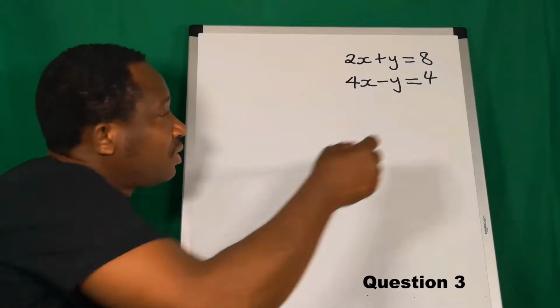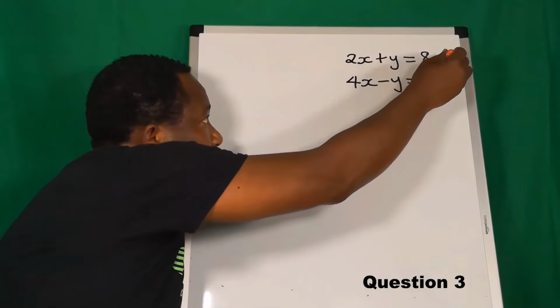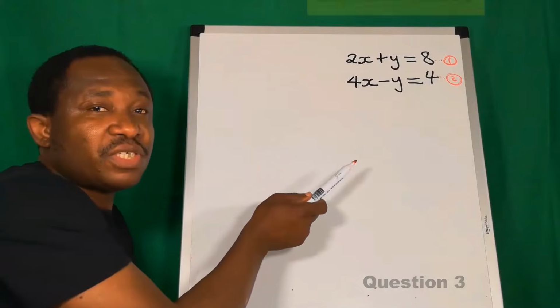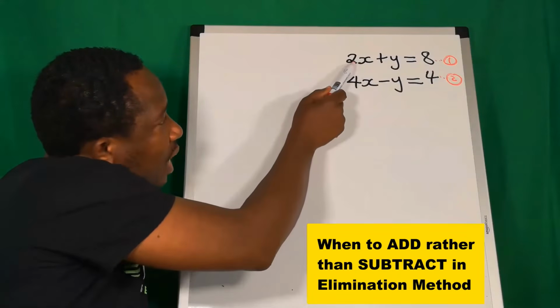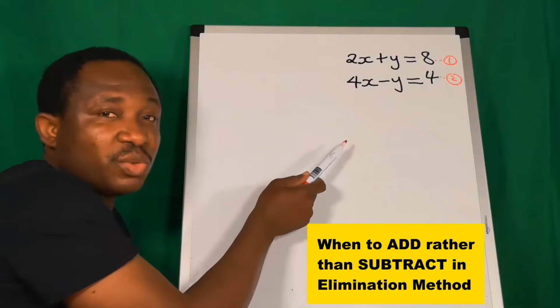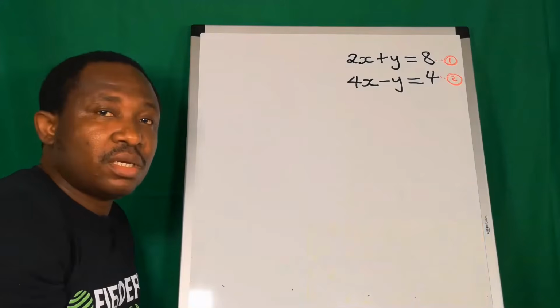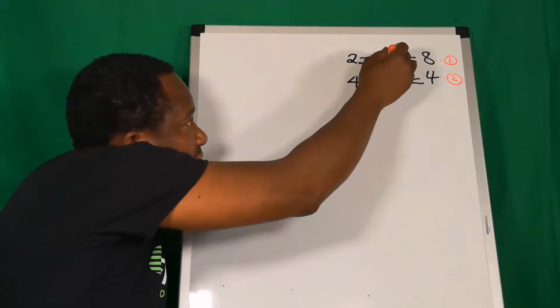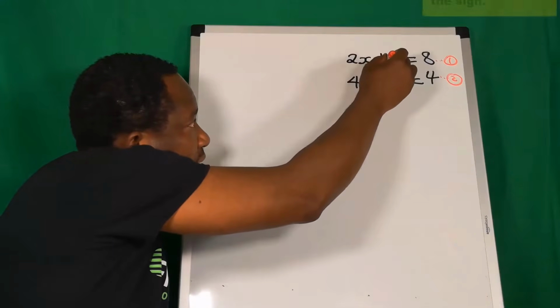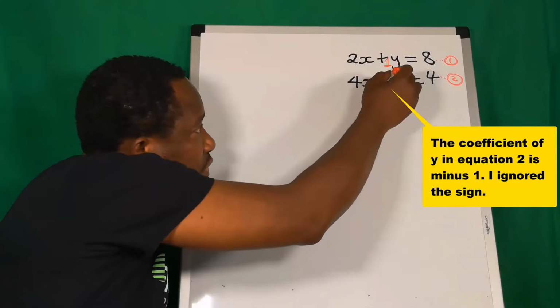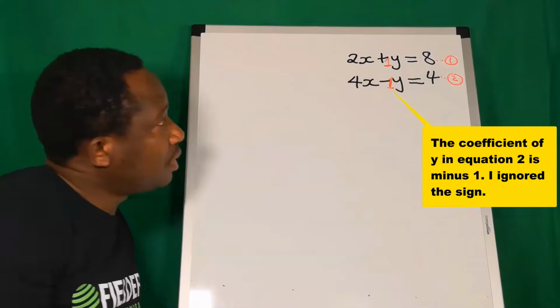We have this as equation 1, and we have this as equation 2. The coefficient of x in equation 1 is 2, and the coefficient of x in equation 2 is 4. They are different. The coefficient of y in equation 1 is 1, and the coefficient of y in equation 2 is also 1.